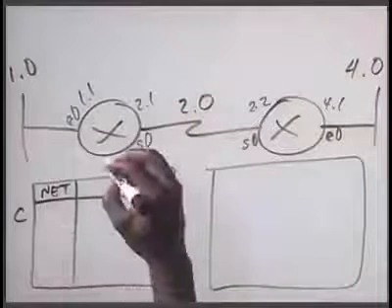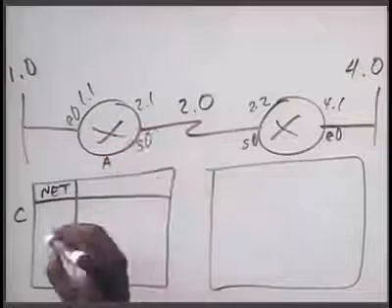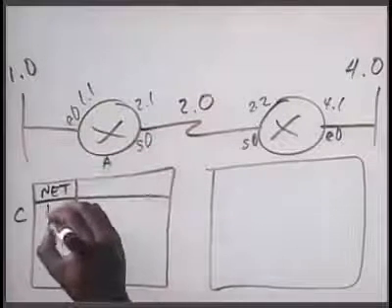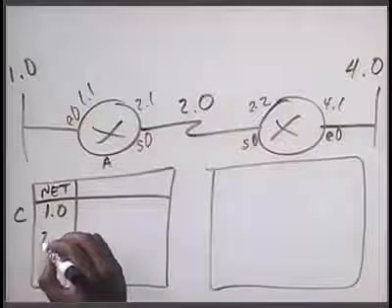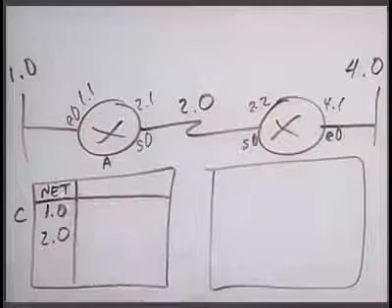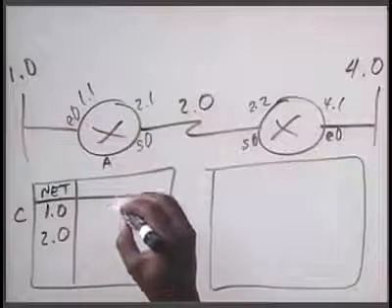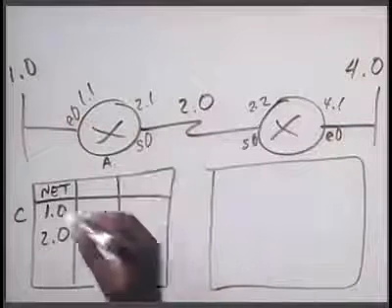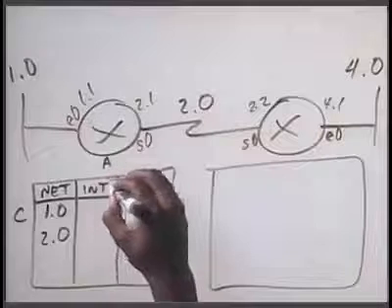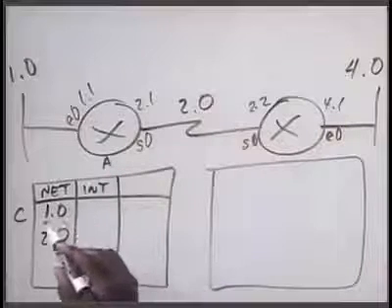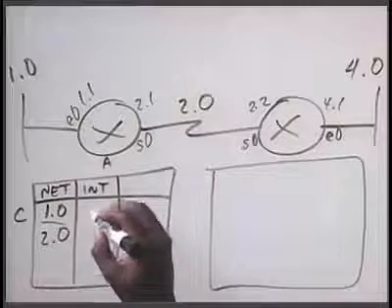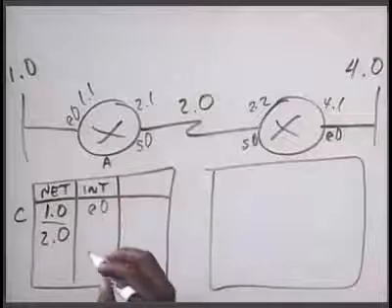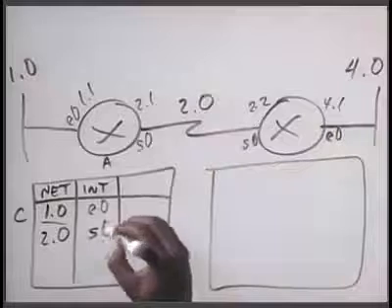So on router A, we'll have network 1, and we'll also have network 2 as a directly connected network. In addition to the network entry, there's also an interface entry that will indicate the interface for that directly connected network. So you'll have interface E0 and interface serial 0 in the routing table.